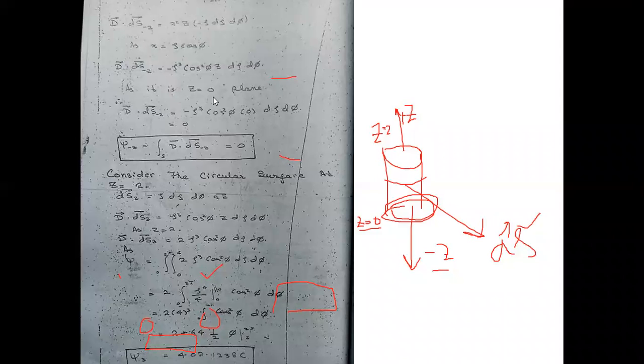So this is in the direction of plus a_z, that is why we have used the plus a_z. The surface in the direction of a_z is rho d phi, no z will be involved in this. So D dot dS, the dot product, will be this.